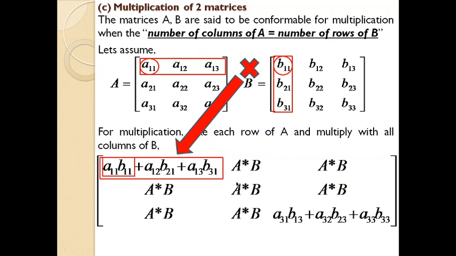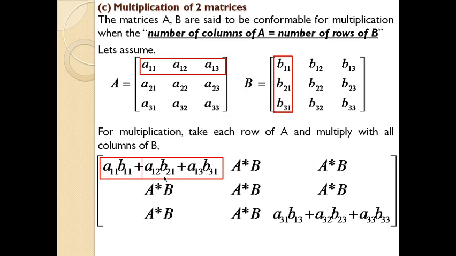A11 is multiplied with B11, so you will get A11 B11, within this small rectangle. Plus, see, there is a plus sign. So first you did A11 into B11, plus next A12 into B21. A12 into B21. See, like this.